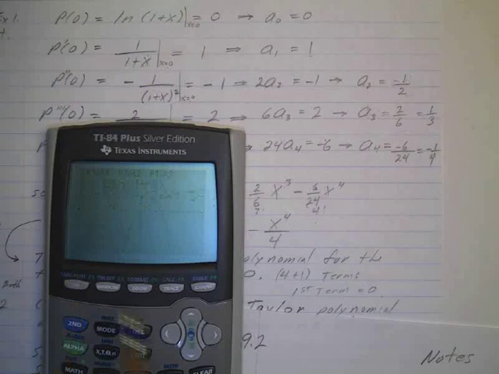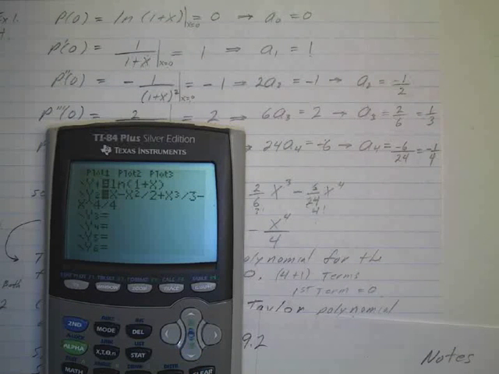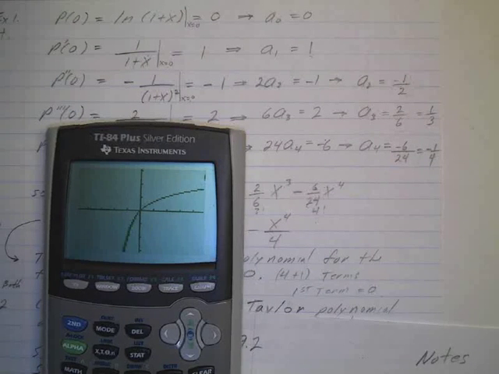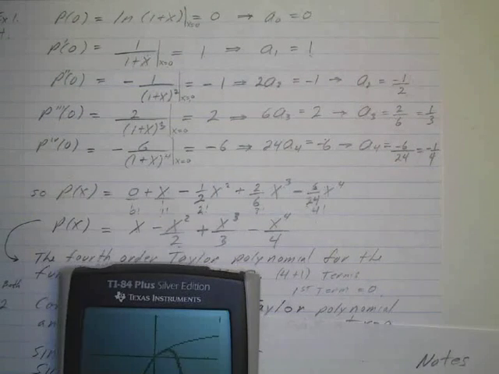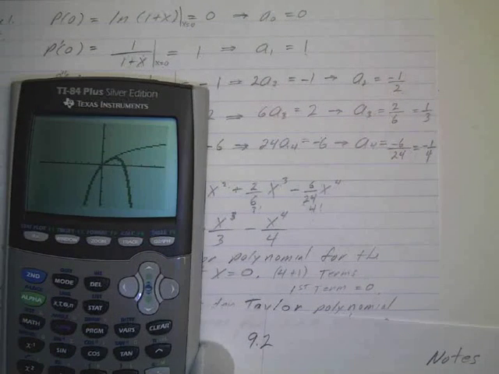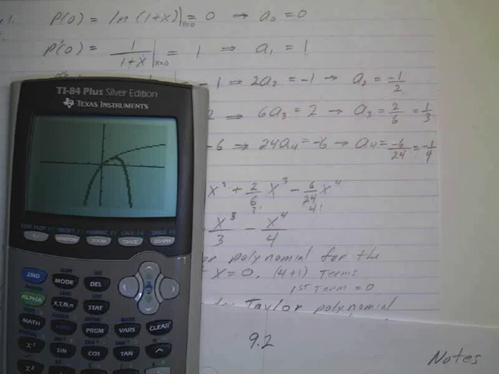I can change this to a darker line so you can see. So again, there's the natural log of 1 plus x, and then here's x minus x squared over 2 plus x cubed over 3 minus x to the fourth over 4.